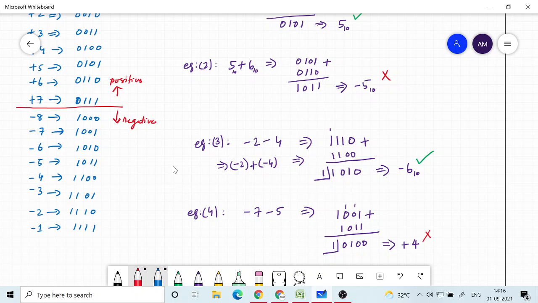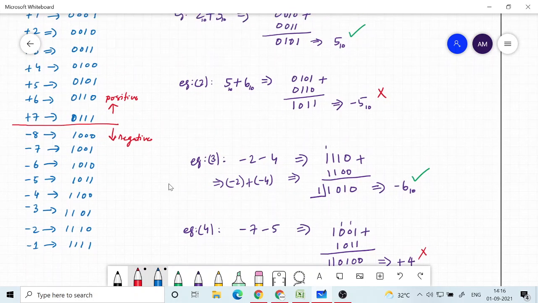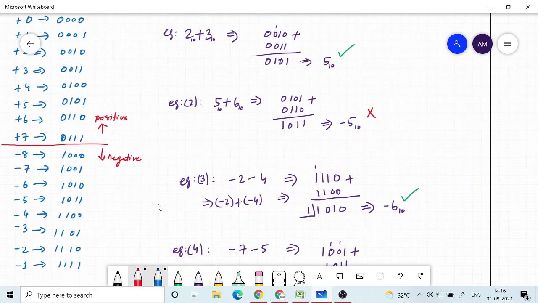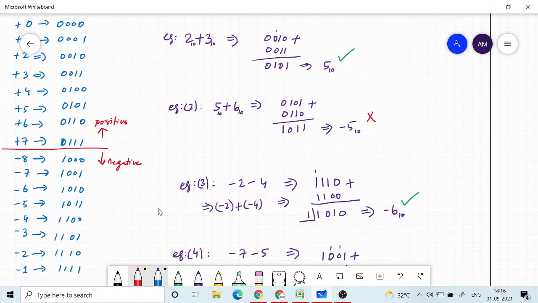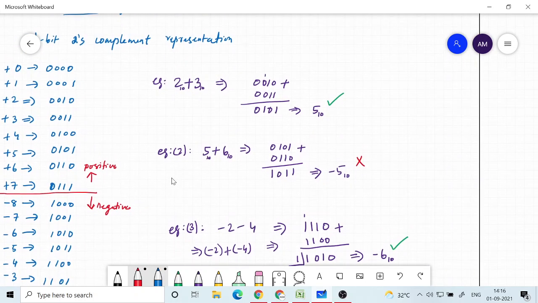So how can we detect these cases? If you look at these 4 cases, there is something very interesting. For example, in example 1, look at the final carry and the carry in the previous bit. These are the things I am asking you to look at.